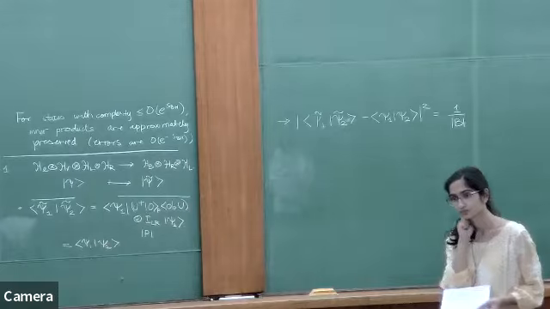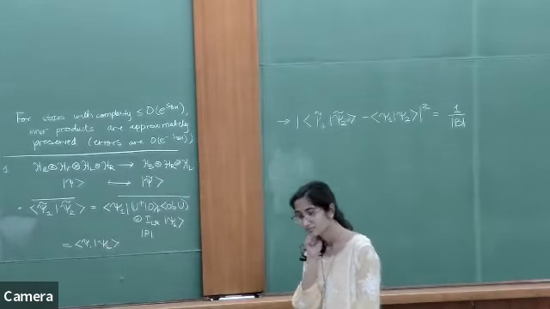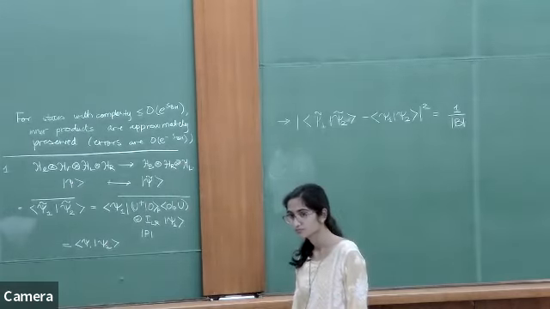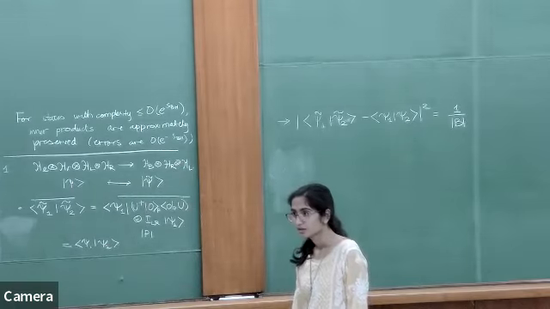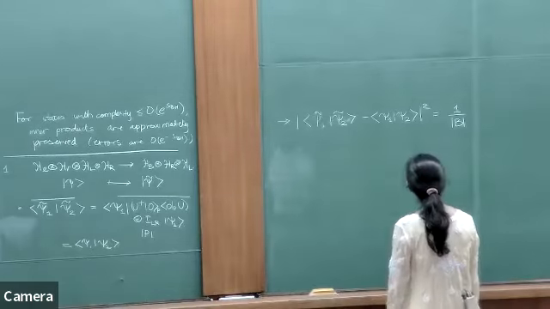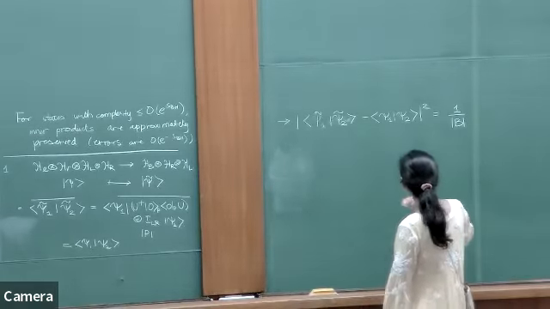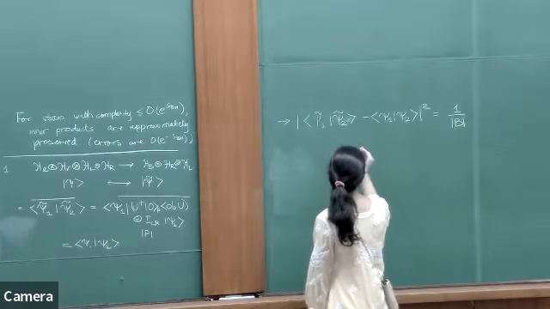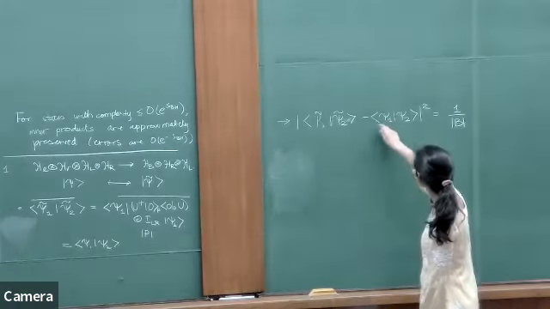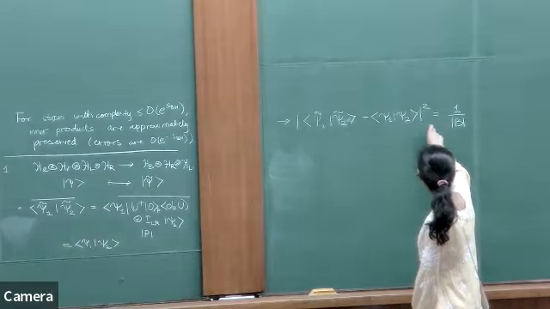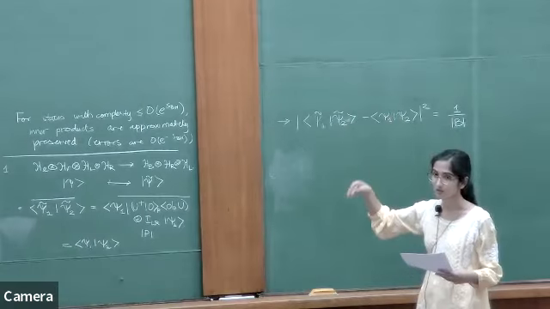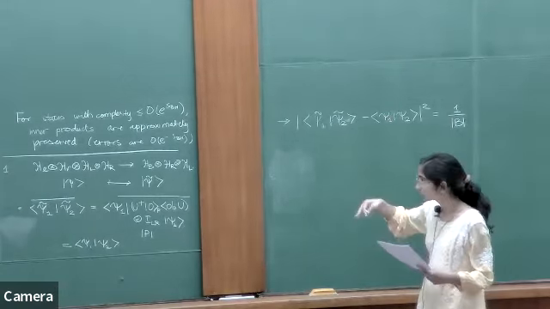Maybe it's different, but you say that you haven't yet shown this for many states, just for a pair of states. But why can't you just pairwise apply this argument? Because if I pairwise apply this argument, this is essentially telling me that the probability of deviation of this quantity from 0 is small for one pair, but then if I have many, I have to apply a union bound.